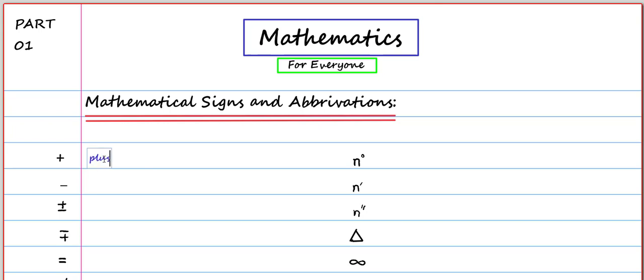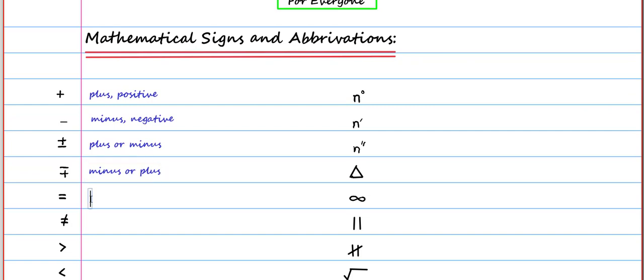We call this plus or positive, and this one is minus or negative, right? And what do we call this one? This means plus or minus. Either it will be plus or minus, and this means either minus or plus.